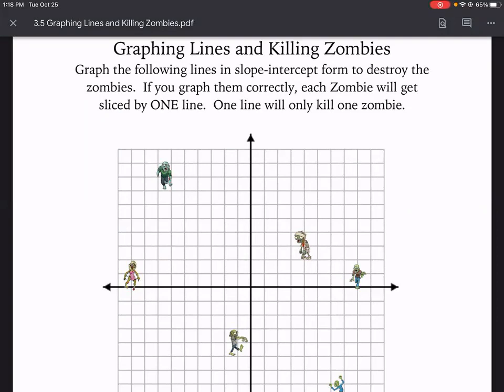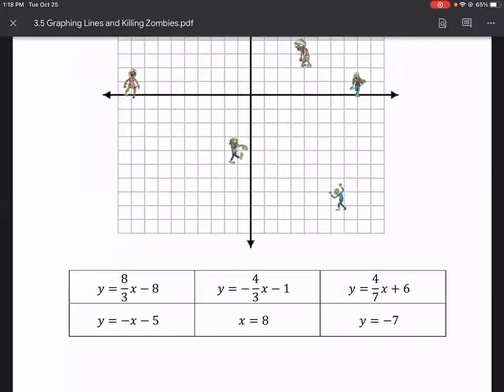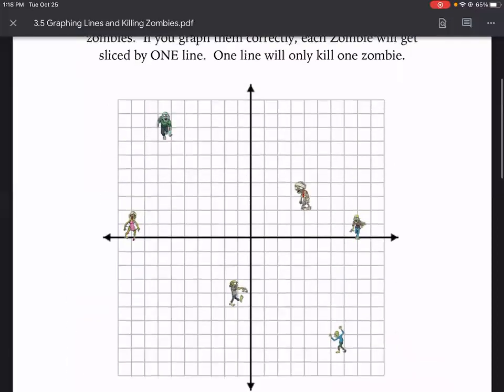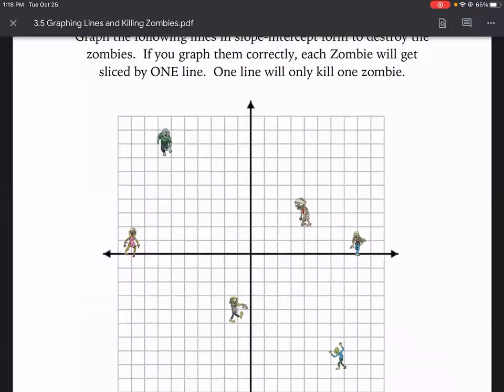We can only slice them once. So you are going to have 6 lines to graph for me. When you graph these lines, each line will only go through one zombie, and each zombie will only get sliced one time. One line, one zombie.